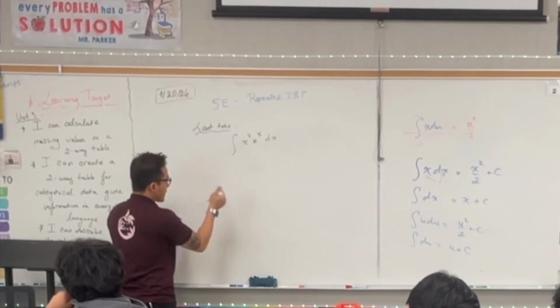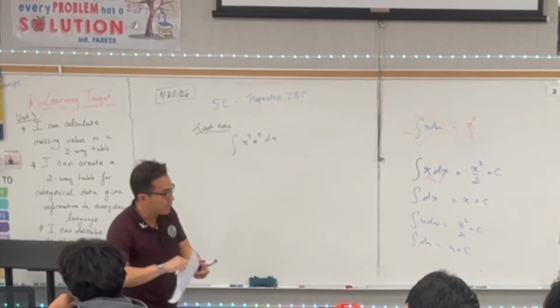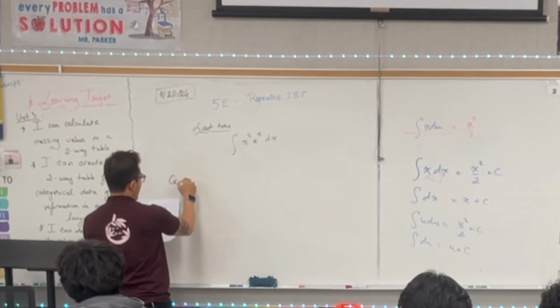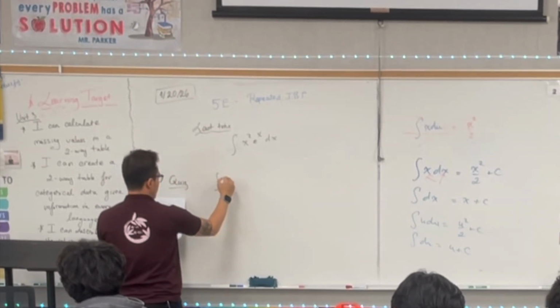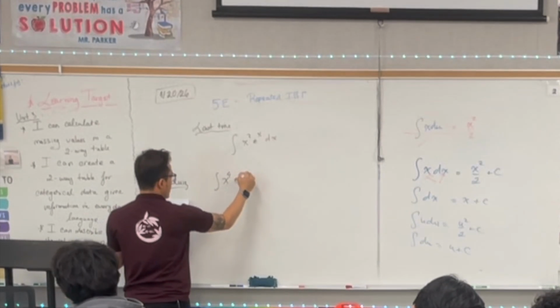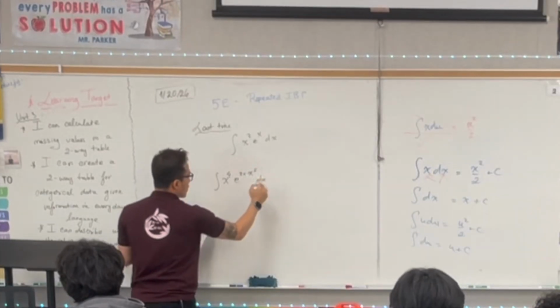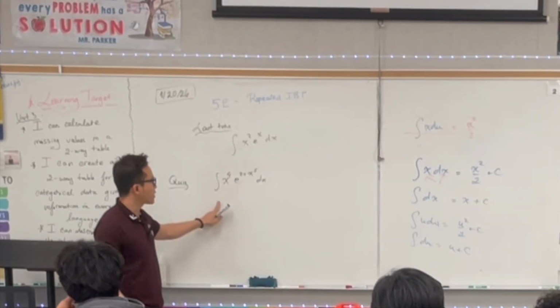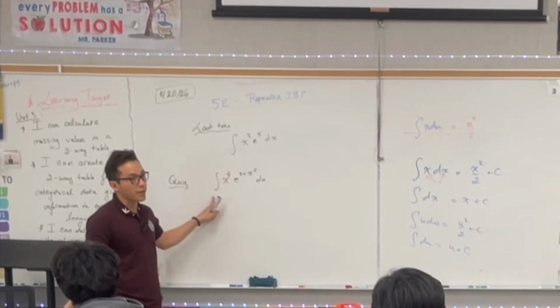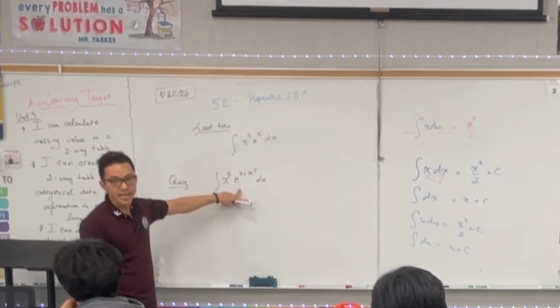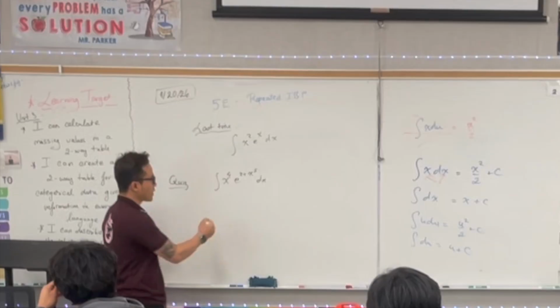Yeah. For example, like this on a quiz. The very first question. The very first question is this. x^4 e to the x^5. A lot of you I saw that you were doing this with the integration by part, because you saw the e, which is true. But look at this one.